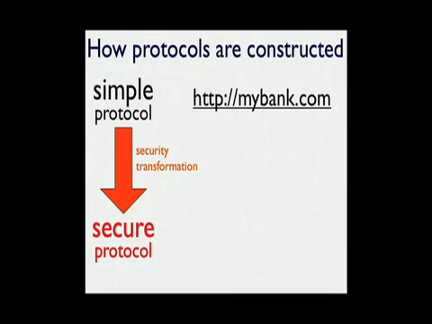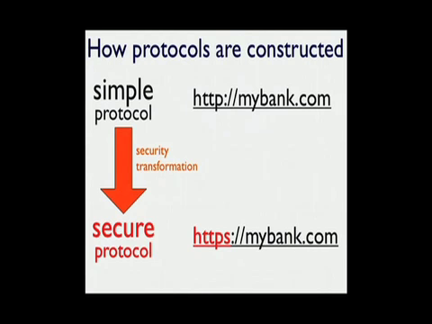So people created a systematic security transformation, which was very simple: every interaction I do with the bank, I wrap around a secure channel, like using SSL. That was very successful, and the $100 billion e-commerce market was based on this security transformation.